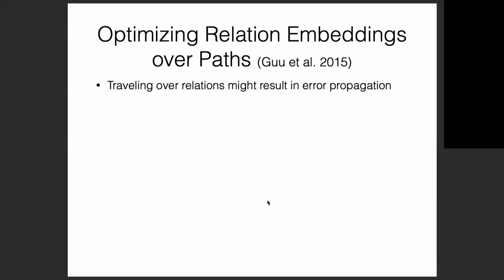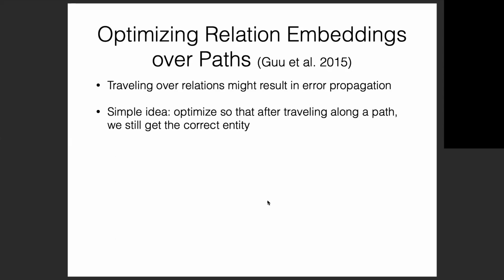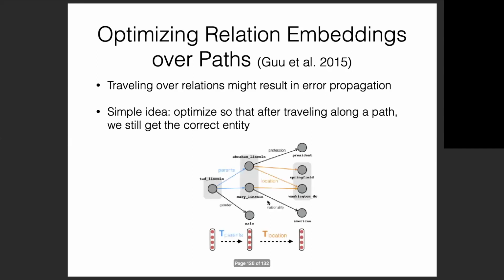So in your first step through an embedding space on a relation path, you might make a mistake, and then all the other embeddings downstream would also be poor. So instead, we use a simple idea, which is that we optimize the relation embeddings so that after traveling along a path, we can still get to the correct entity.